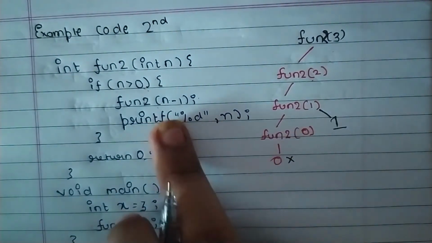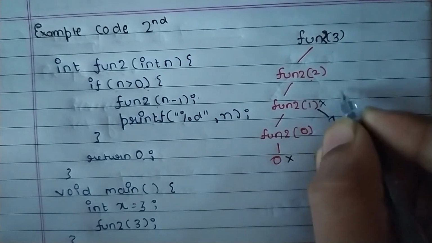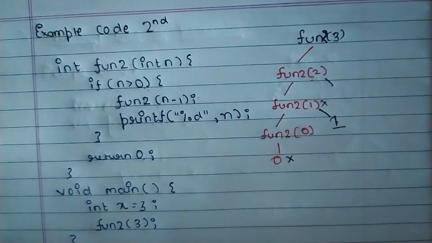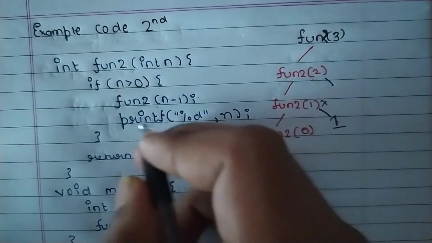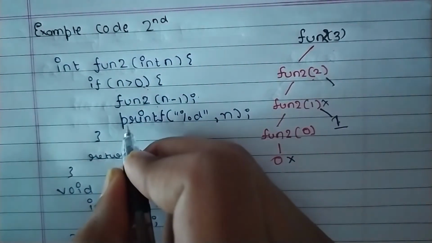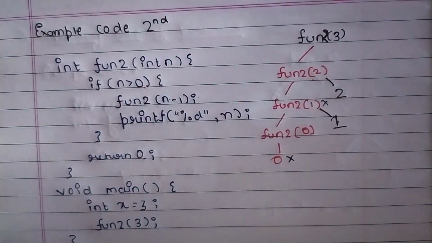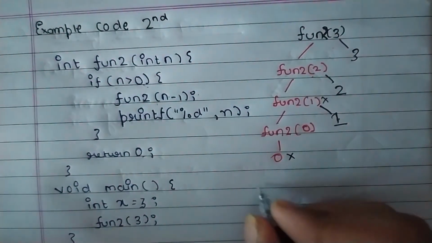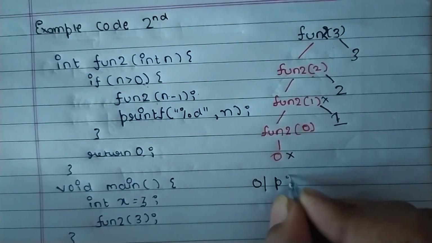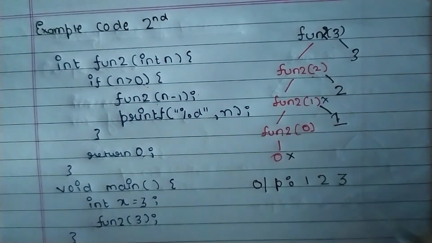After printing 1 it will terminate, then goes back and checks whether anything is left. Yes, printf is left, so it will print 2, then again 3. So in this case our output looks like 1, 2 and 3.